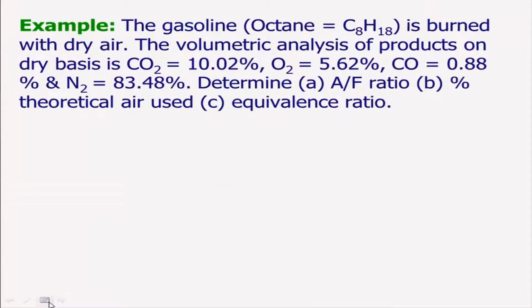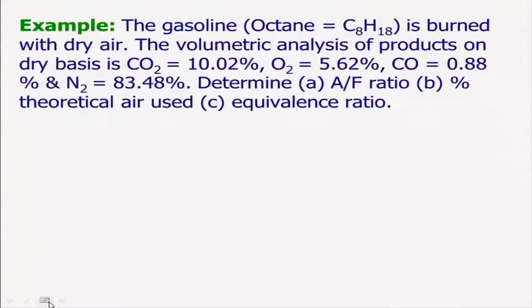And let us take an example of how to do this stoichiometric calculation. Gasoline, which we can model as octane, C8H18, is burned with dry air. It can be moist air also, like for example, rainy season is on the way.